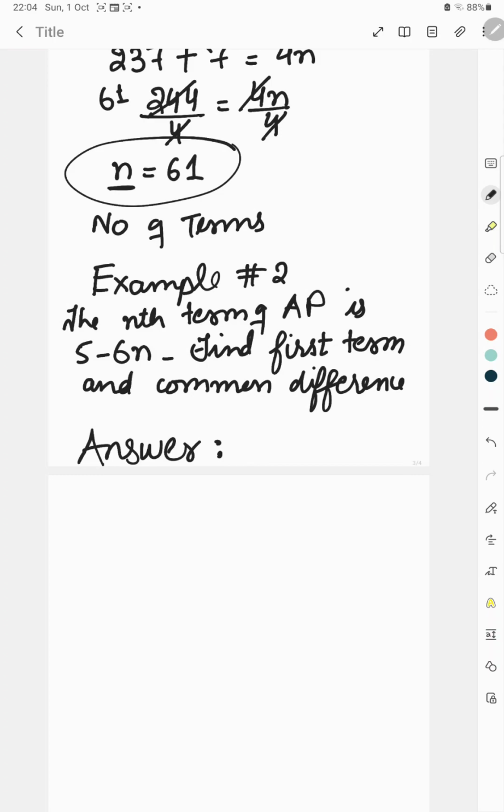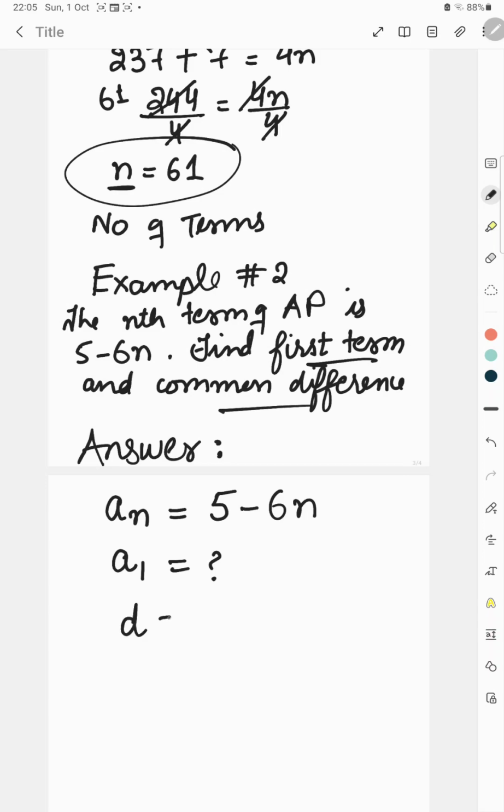First of all, we will observe the information given in the example. The nth term of the arithmetic progression is given. As you know, the nth term is represented by an, which is given here as 5 minus 6n. We have to find a1, the first term, and the common difference, d.